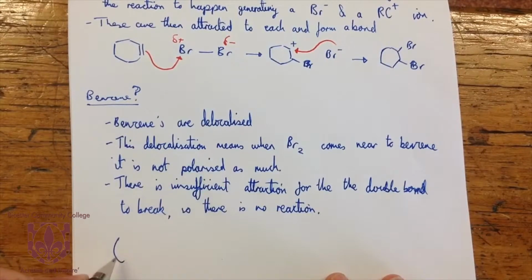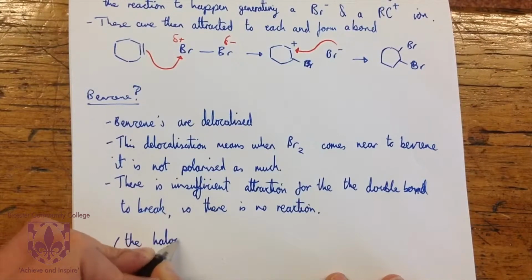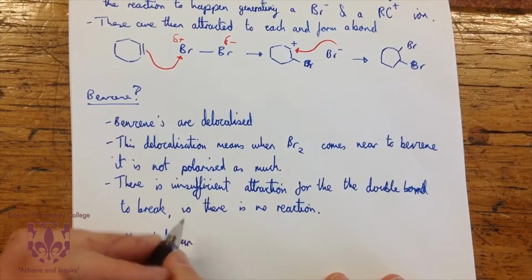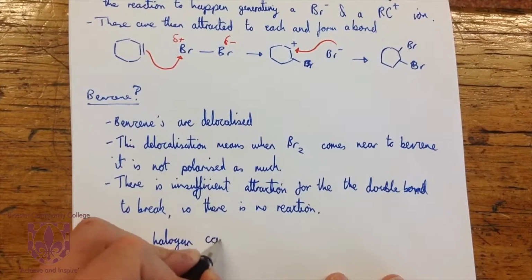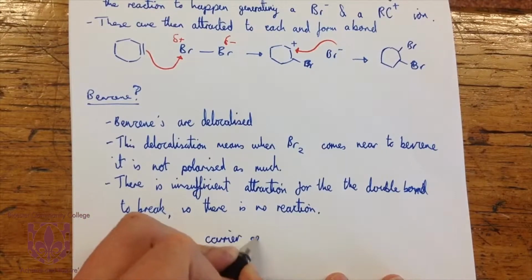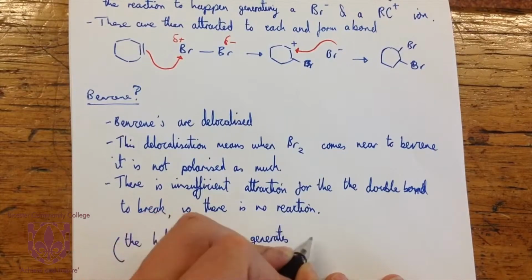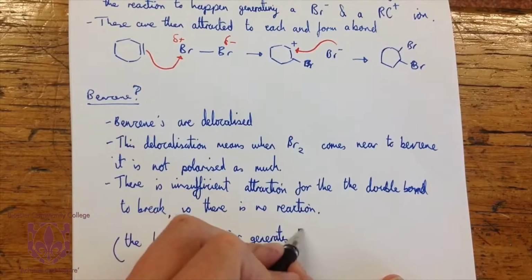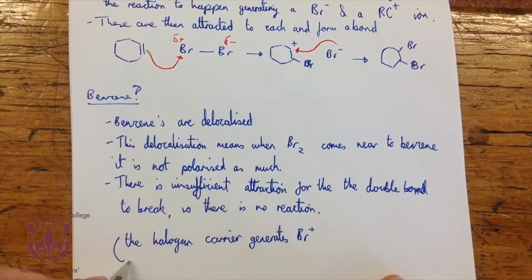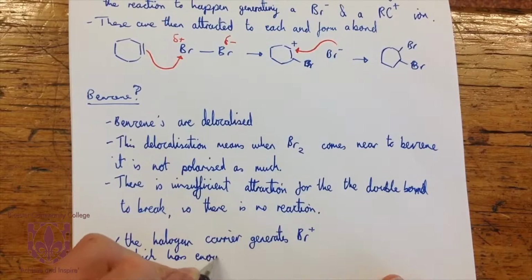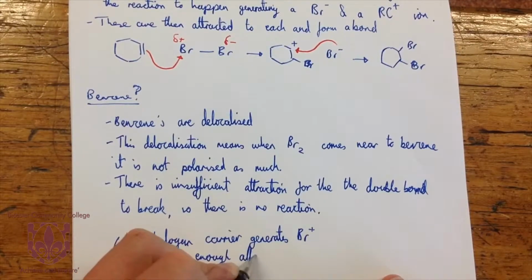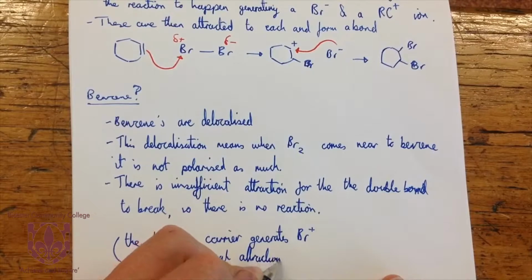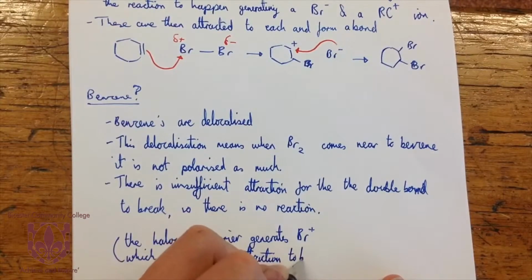Okay, so in brackets we can say, if you have benzene, so we've seen we can brominate it. So the halogen carrier, we've already kind of discussed this, generates Br plus, which has enough attraction to break the bond.